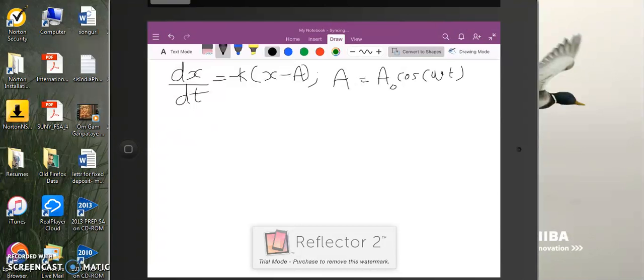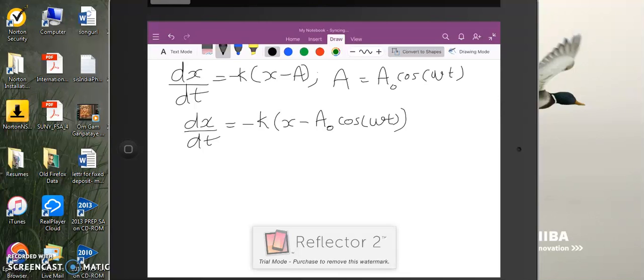This means that dx over dt is equal to minus k times x minus a naught cosine of omega t. Now, just by looking at this, we can tell that we can't really use separation of variables just because of the cosine of omega t that exists over here. So what we can do is make this into a linear equation and solve it using linear methods.